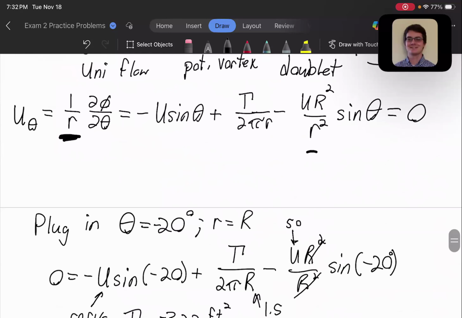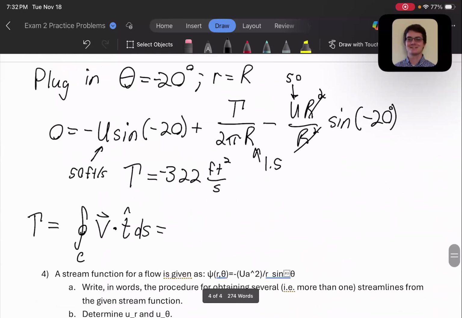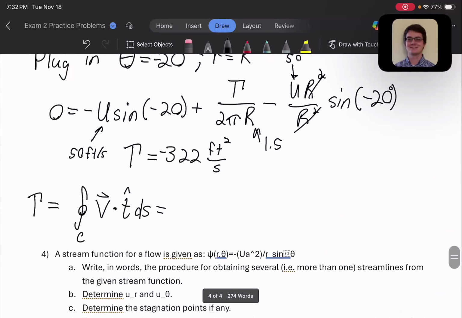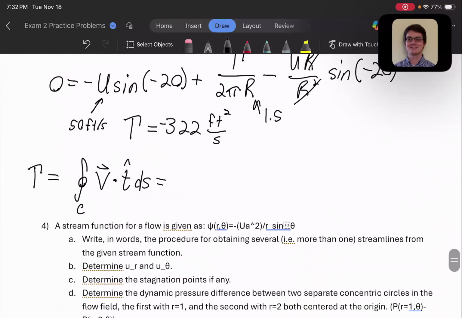We have our velocity, we have our same stagnation points, we have u theta. So all the stuff here stays the same. We have from 0 to 2 pi, so we're going all the way around the cylinder. I'm going to do the line integral one here.